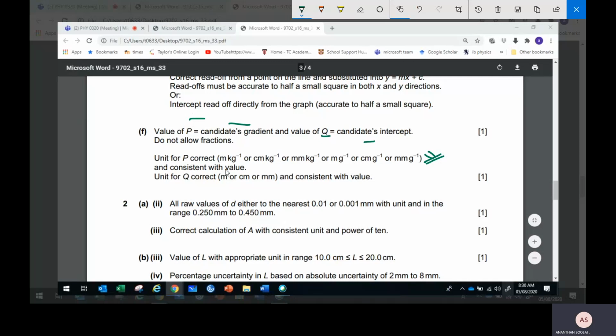Okay. So the P is this unit. Consider the value. Q should be this unit. Consider the value. This experiment, they don't care what value of P, Q you get. One get 5, another one get 5,000. As long as unit correct, you get marks. Only for this experiment.